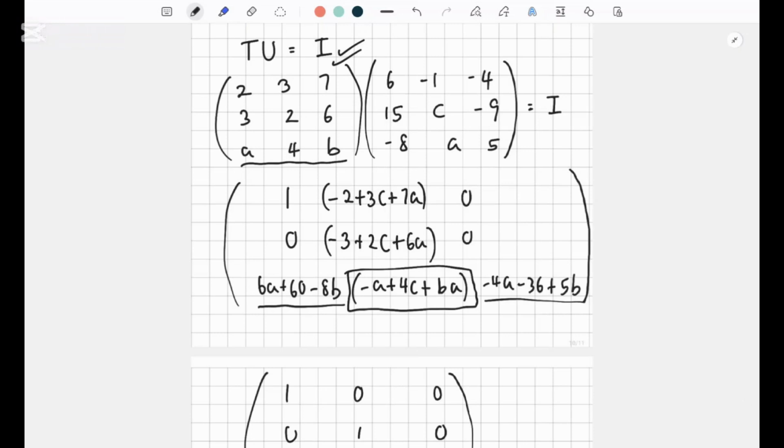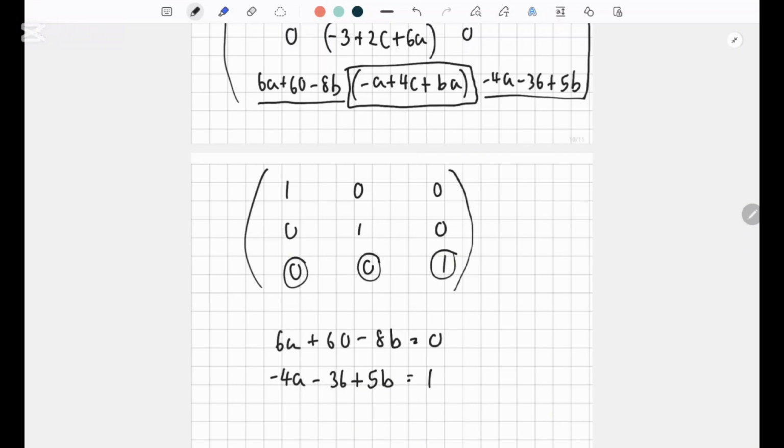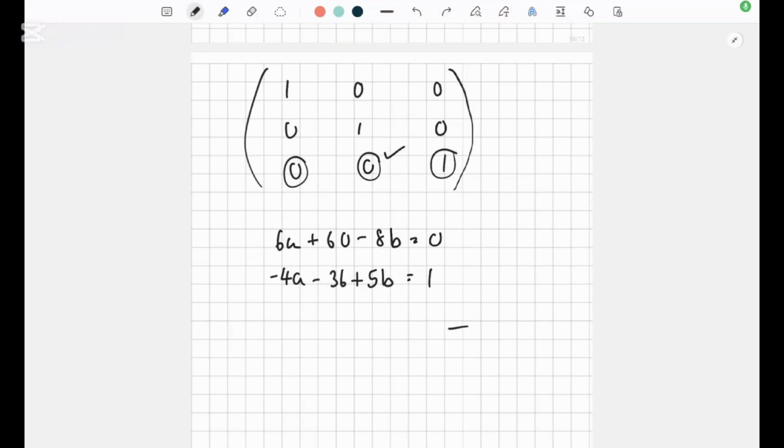So yeah, let me just recheck everything, whether I did everything properly. So, yep. Okay. So, we can write 6a plus 60 minus 8b equals 0. Minus 4a minus 36 plus 5b equals what? See? 1, 0, 0.